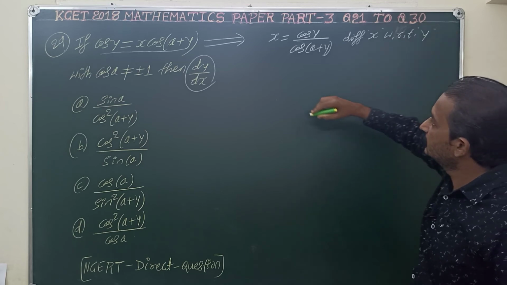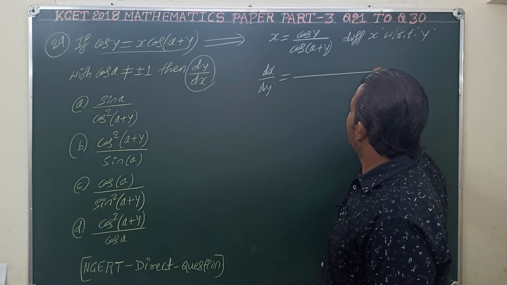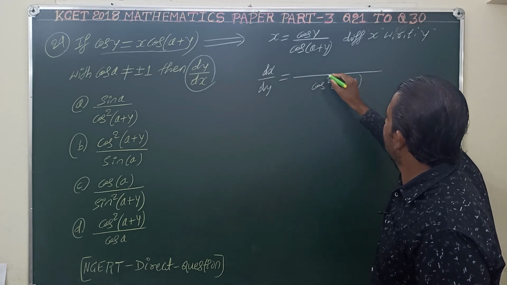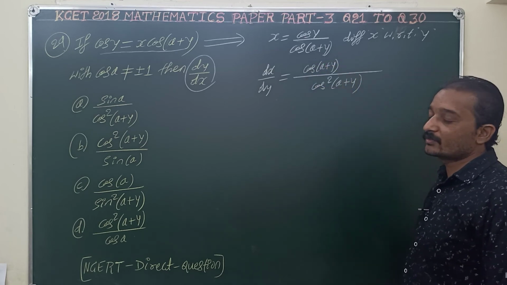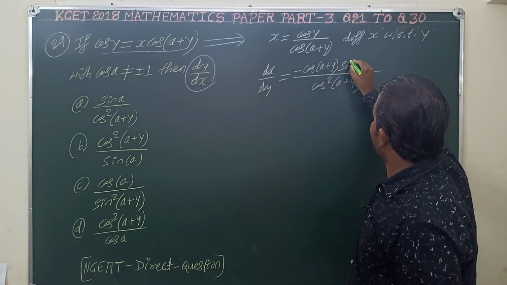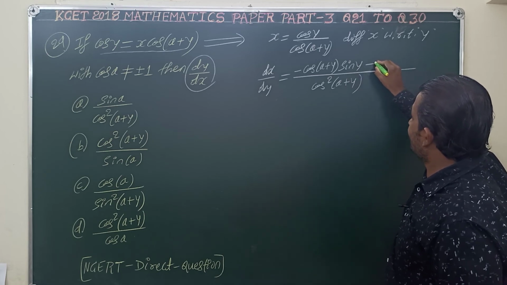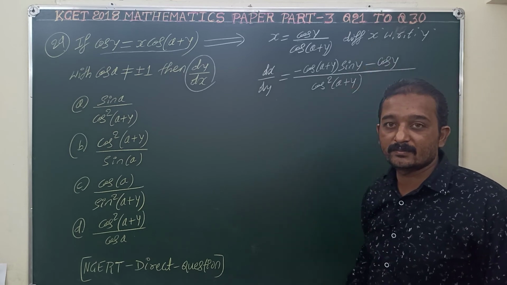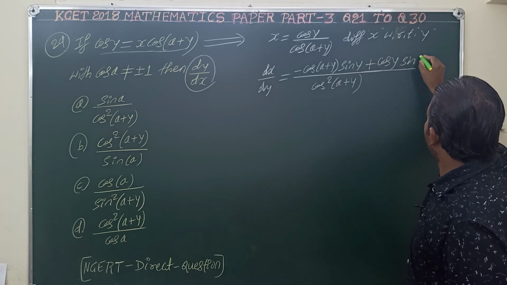Now dx by dy, apply the quotient rule: denominator squared, cos square of (a plus y); denominator taken as constant, cos of (a plus y), differentiation of numerator cos y means minus sin y; again minus, numerator taken as constant, differentiation of denominator cos of (a plus y) is minus sin of (a plus y), so it becomes plus sin of (a plus y).